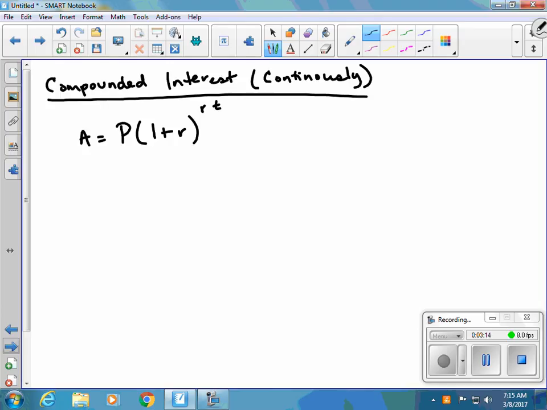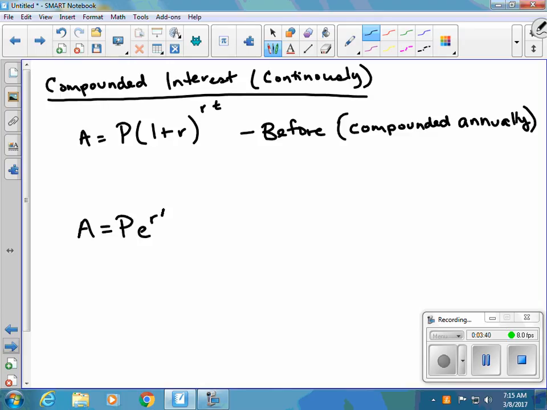Our 1 plus R, though, gets changed out with our continuous factor of E. So this was before compounded annually or whatever it is, you know, if you're compounding daily or whatnot. In our case, though, this is compounded continuously because we have the E, and that's our growth factor.